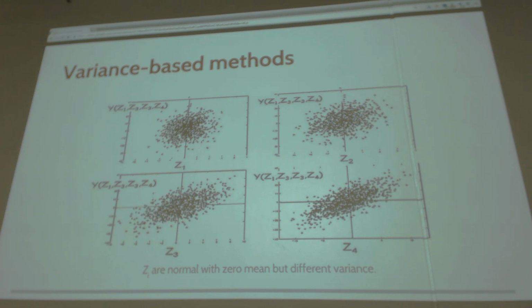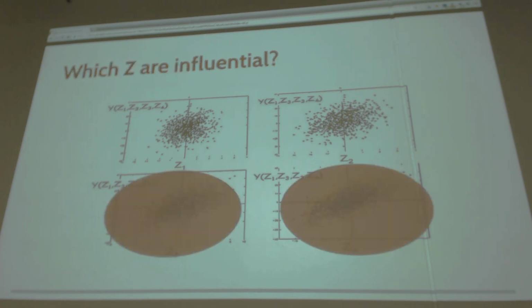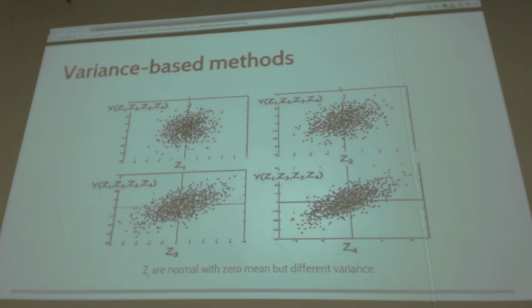If you look at these 4 scatter plots, it's kind of obvious that the 3rd and the 4th parameter are the most influential, because the scatter plot with respect to them has some shape, but there is no visible shape with respect to Z1 and Z2.